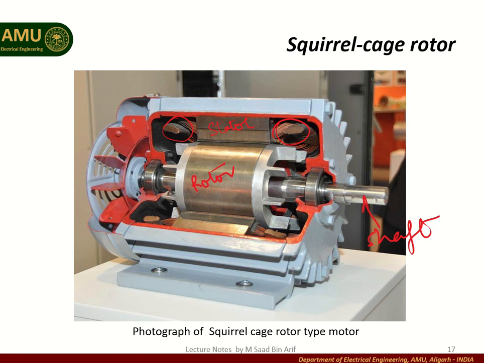Now if we give a 3-phase supply to the stator, what will happen? A rotating magnetic field is developed. As you already studied, for developing a rotating magnetic field, what you require is a balanced 3-phase supply, and the windings should be placed 120 degrees apart.